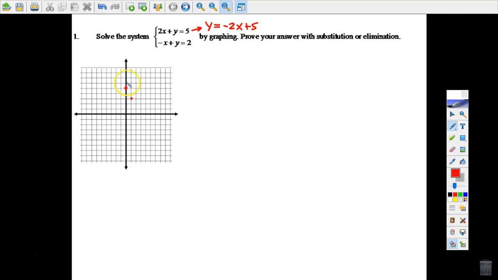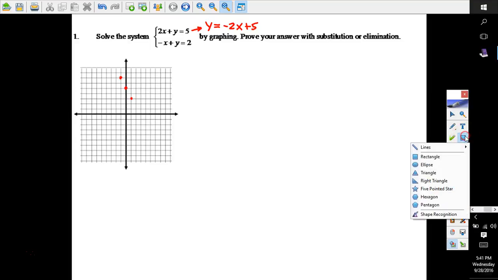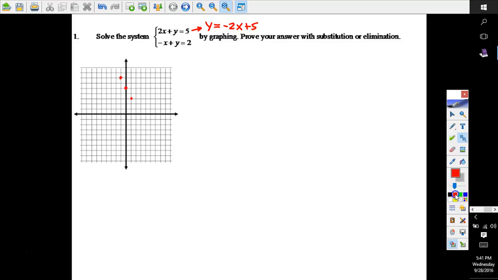You could have also done up 2 and left 1. Okay, and let's see if we can get the line draw tool here. And we'll do this one in red. And so there is that line.